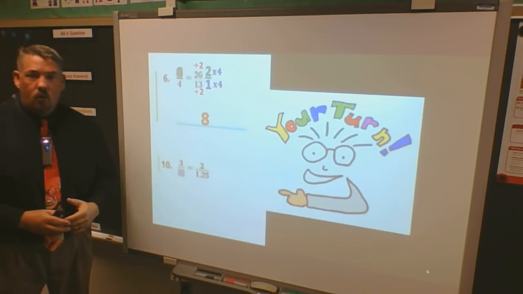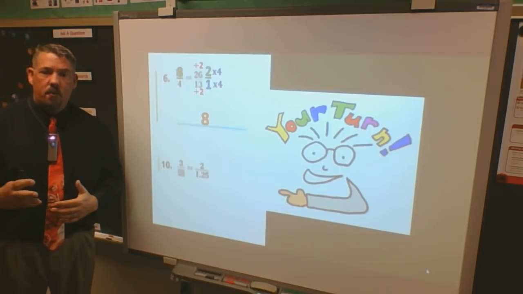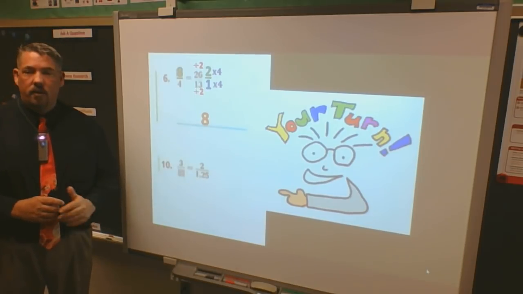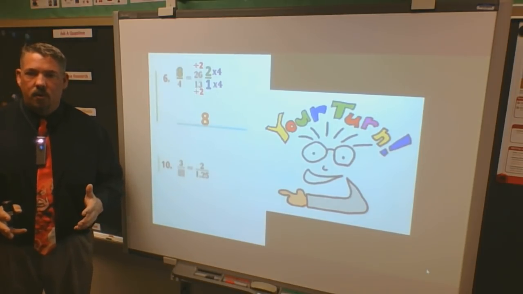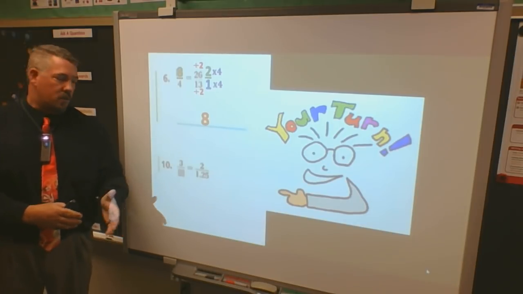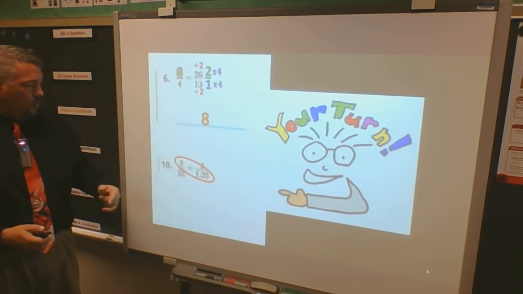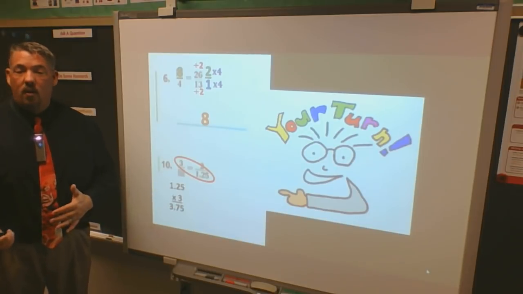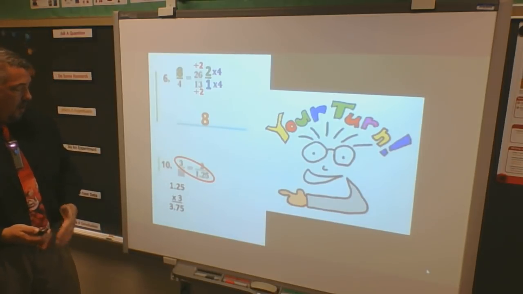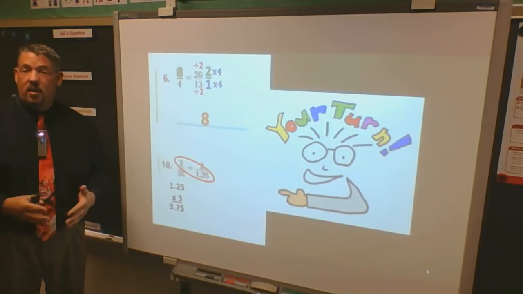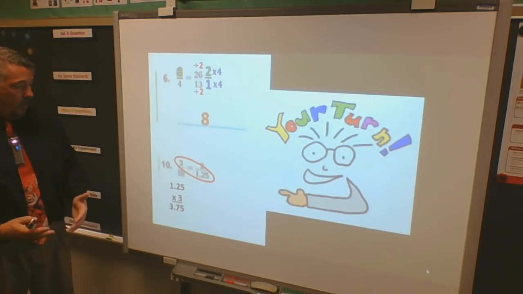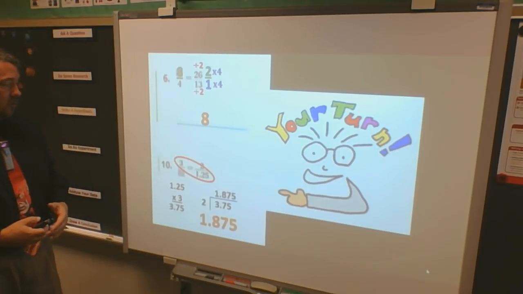On 10, if you multiply the loop, now some of you may have froze a little bit because you saw a decimal. Don't let the decimal confuse you. It's still the same process every single time. But if I did the loop part, then I multiplied 3 and 1 and 25/100ths. And when I multiplied them, I got 3 and 75/100ths. Then I would have divided by whatever was left.